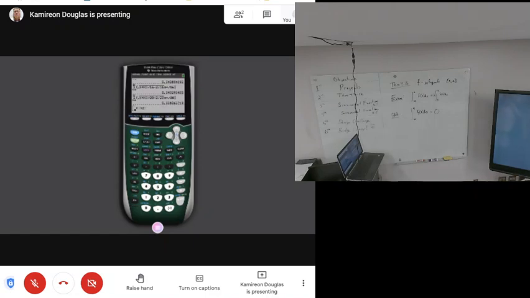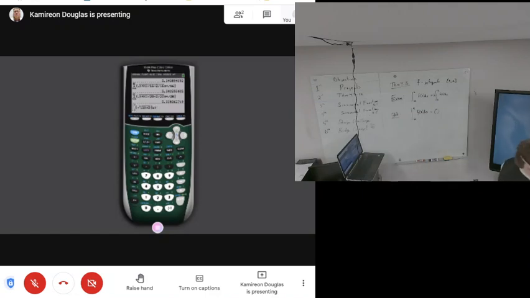So take a look. The integral, it says, is from 0 to 2 of x cubed times the square root of 2x plus 3, dx.